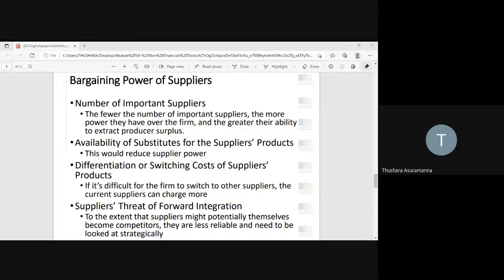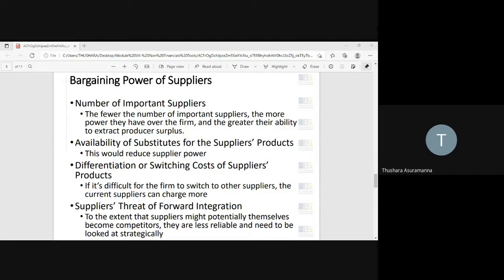The new supplier would charge more if you switch, because it's a new model and an investment in a new mold, which has cost implications. So switching cost, high or low, will tell you how easy or difficult it is to switch.